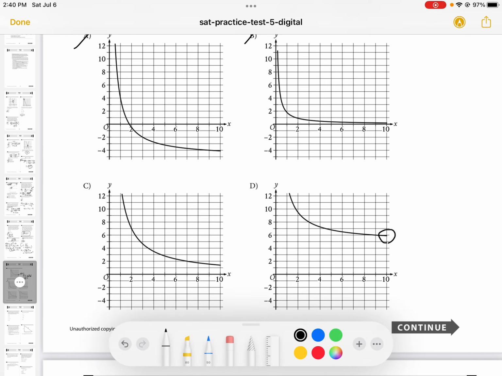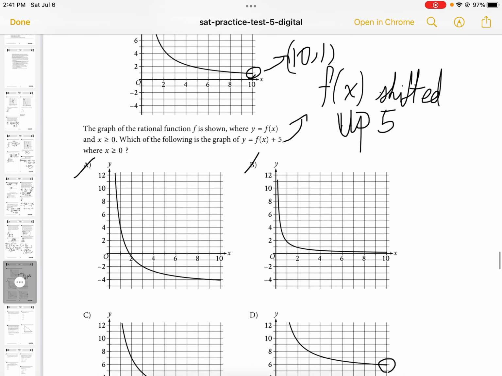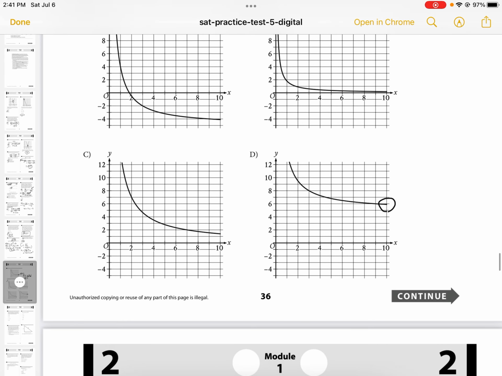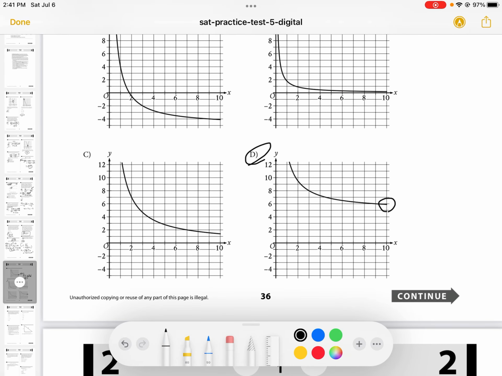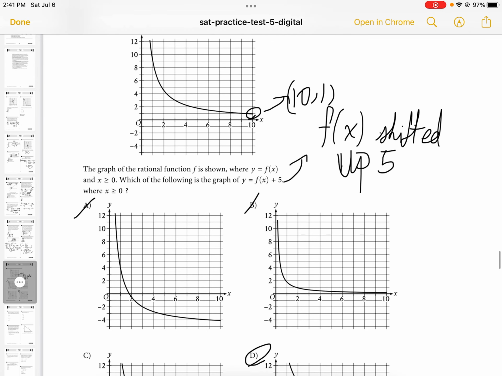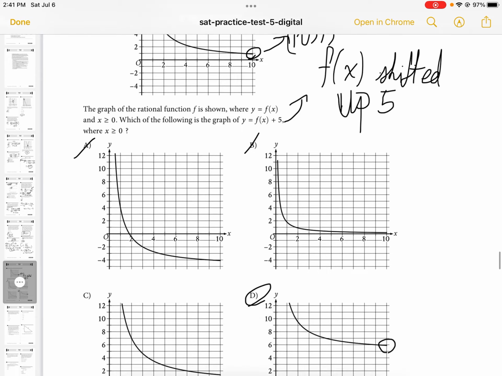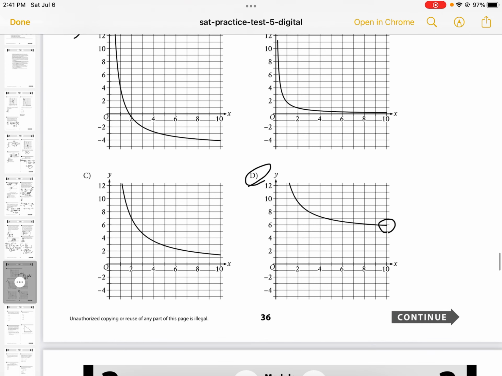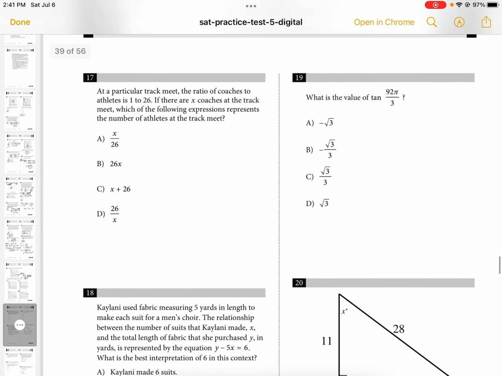Here, in graph D, we have something about 6. So that meets our criteria, because our original point was (10, 1), and we wanted to shift it up 5. So the new point should be at around (10, 6). So D is our answer and we move on.